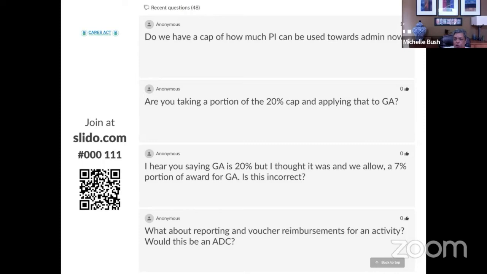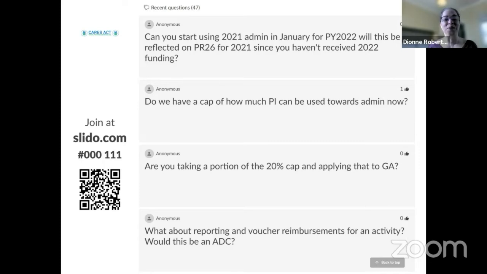There are other programs such as HOME or ESG that have a lower than 20% cap, and that may be the point of confusion. But for CDBG and CDBG-CV, 20% is the cap. For grantees that are entitlement communities, we understand, of course, that states have different limitations and much smaller percentage numbers. Okay, great. Thank you for pointing that out.